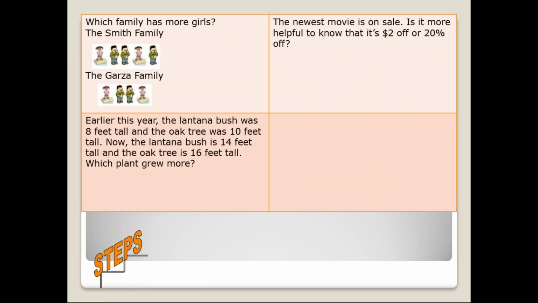And then we have the one about the lantana bush and the oak tree. They both start at different heights. Now they've grown. They've both grown by 6 feet, but which plant grew more? So we're getting to some more sophisticated reasoning where we have to think about, what does that tie back to? What's my whole? What are the portions? What are the percents? Even the newest movie being on sale.